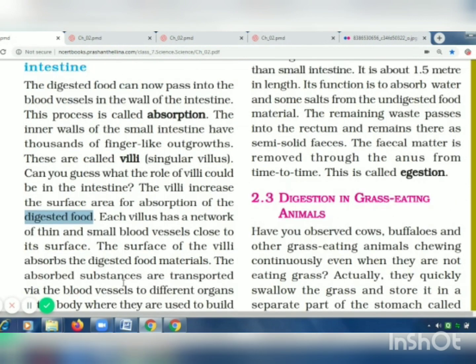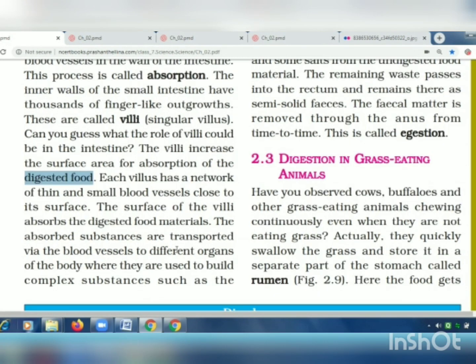So the surface of the villi absorbs the digested food materials, and the absorbed substances are transported via the blood vessels to different organs of the body, where they are used to build complex substances.